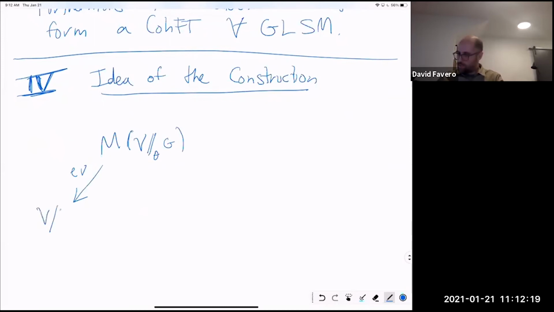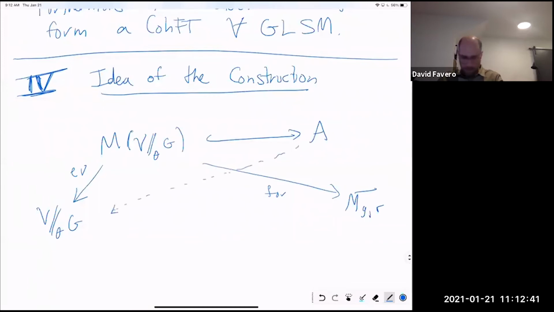Okay, and we're going to embed this in some space that I'll call A, which depends on G and R, such that these maps extend to the embedding. So this is what we actually do. I gave you some kind of sketch, and this is what we actually do.